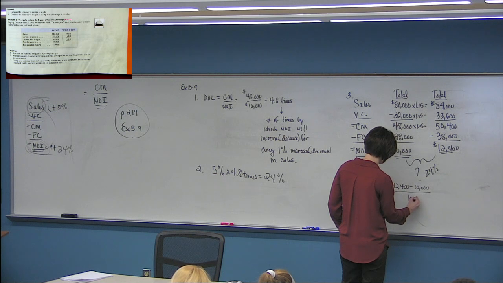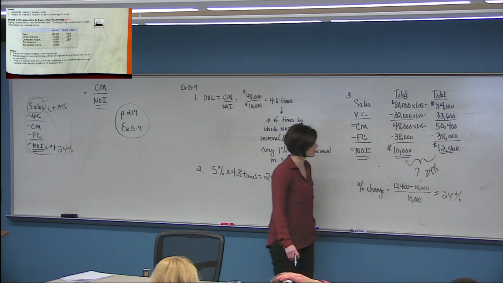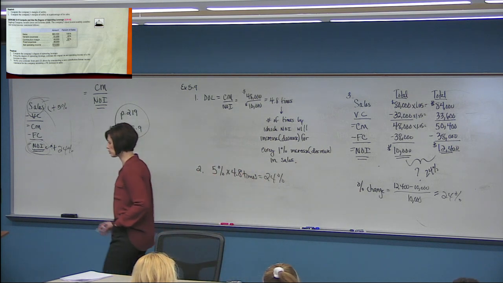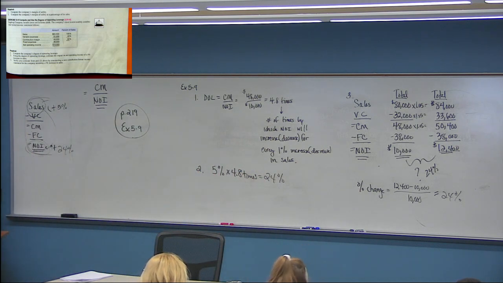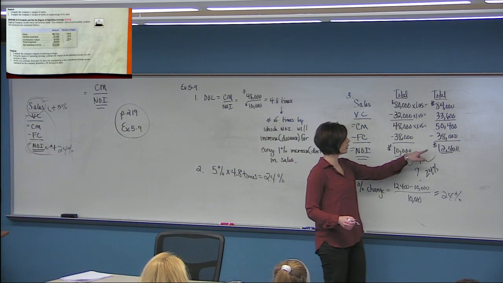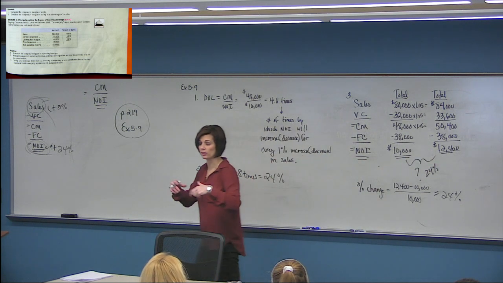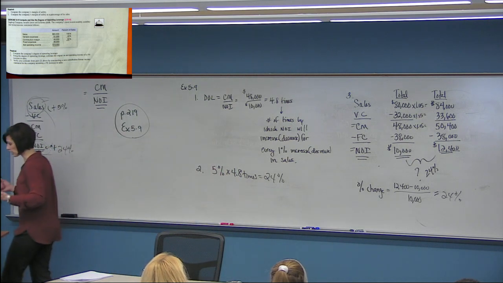Divided by the original value of 10,000, and yes, 2,400 divided by 10,000 certainly is 24%. The other way you could do that is you could just say 10,000 times 1.24 is 12,400. Yeah, I confirm that, right? So you could do it that way because you already know the percentage that you're looking for.